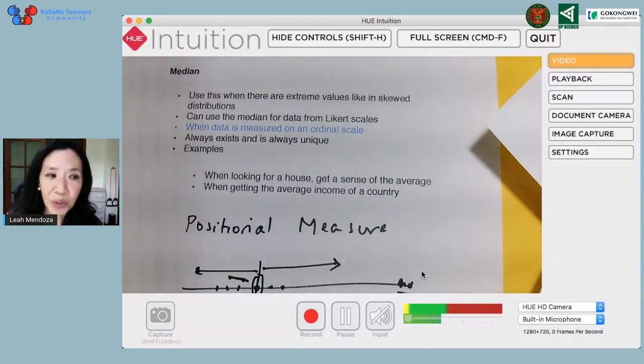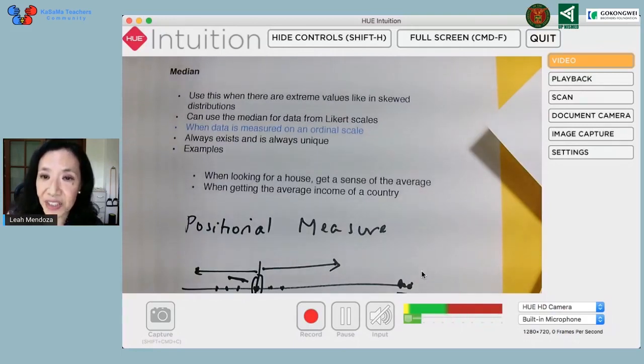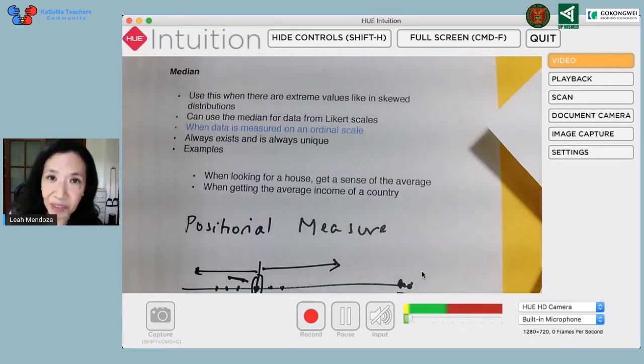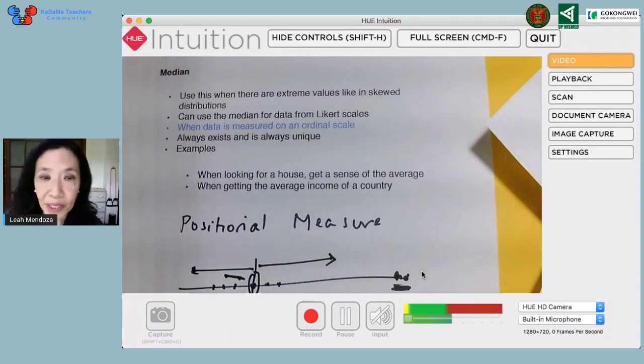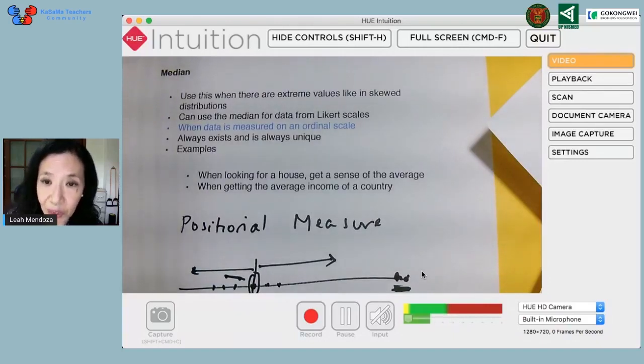So for the one who asked, can the median be used for ordinal data? The answer is yes, because ordinal data is just data that has some kind of low to high scale. So you can use the median when you have ordinal data.